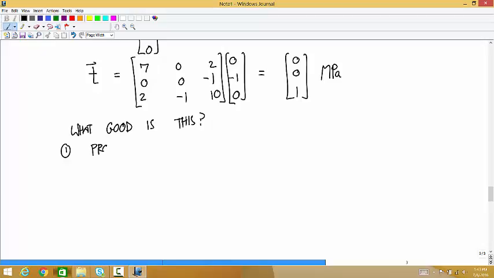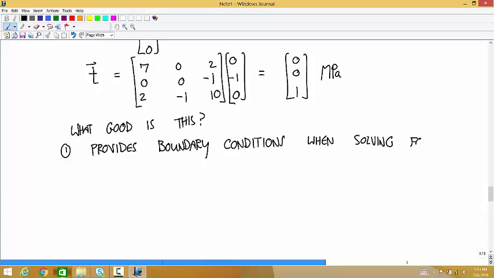It provides boundary conditions when solving for stress tensors. And I'll show how that works.